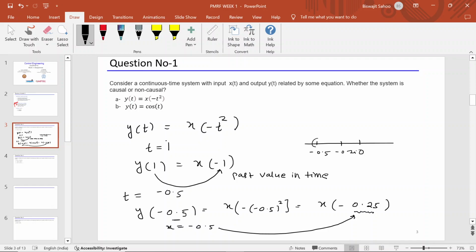So this value depends on the future value, minus 0.25. So for t equal to minus 0.5, the system is not a causal system. It means the overall system is a non-causal system. Once you get one value of input for which your present output depends on your future input, then it is a non-causal system. Everyone is clear?